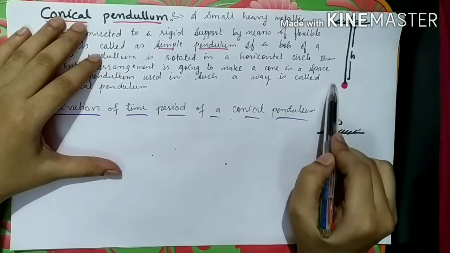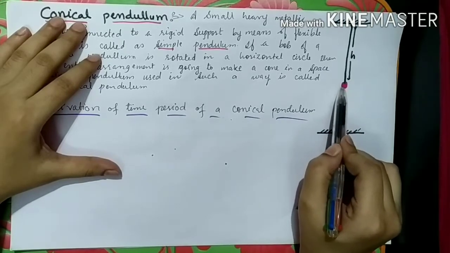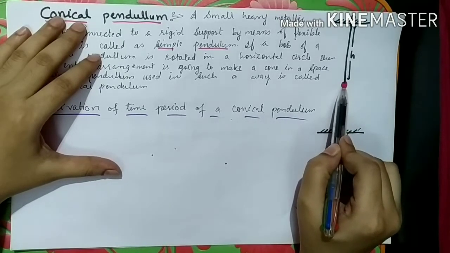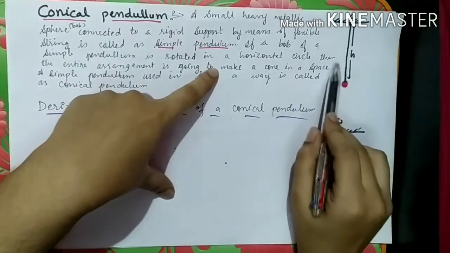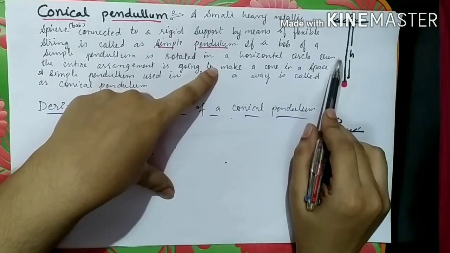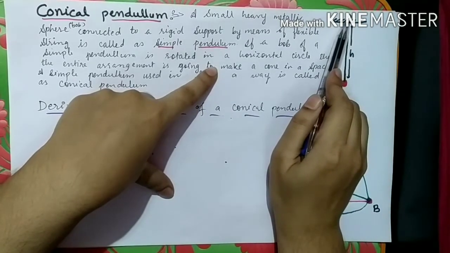Here we have drawn the simple pendulum, where this red ball represents a small stone connected to the string and tied to a rigid support at point O.